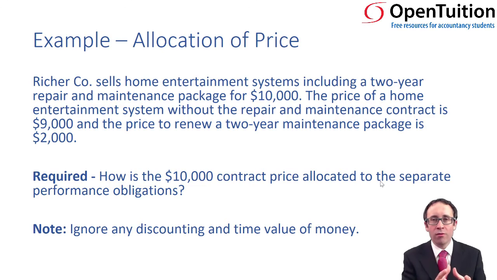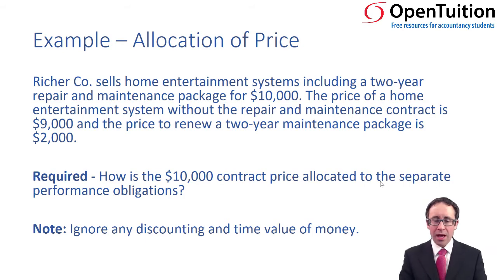If you then bought the repair and maintenance package separately, that would cost you $2,000. So if at some point you thought it might be worthwhile buying that package, and you went back a few days later, you would have to pay $2,000 for it, having paid $9,000 for the home entertainment system. That must be a good home entertainment system at $9,000.